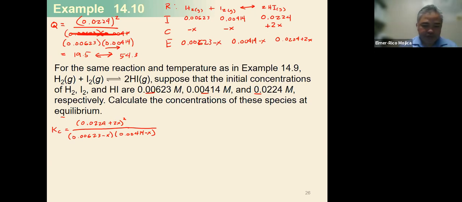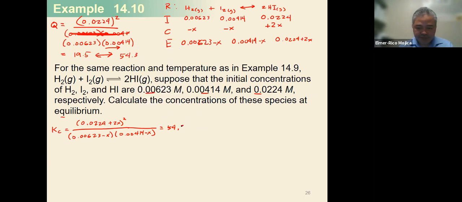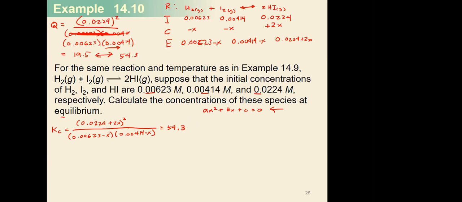Kc is equal to what? 54.3. Now we need to express this into ax squared plus bx plus c equals 0. What do you call this? The quadratic equation.